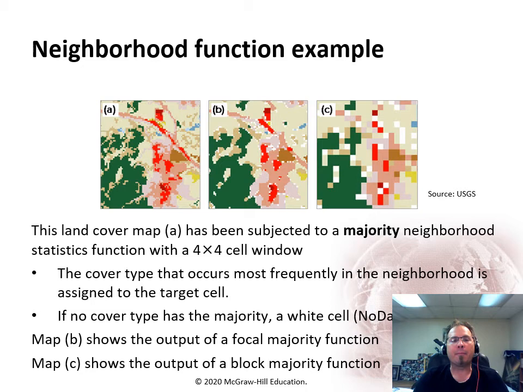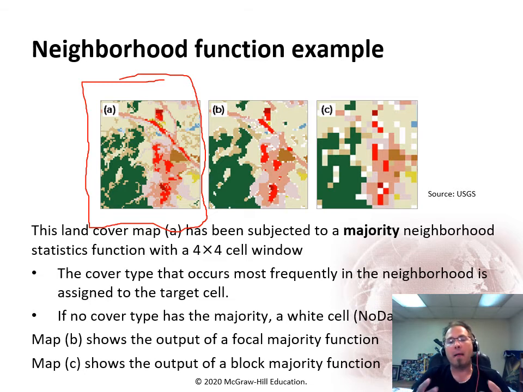So here's an example. If we take this first raster here, which is a land cover map, it's pretty complicated. There's a lot going on there. Sometimes the ultimate goal is, at some point I may need to convert this to polygons. If I take this raster A here and try to convert that to polygons, it might work, but you're going to get a mess.